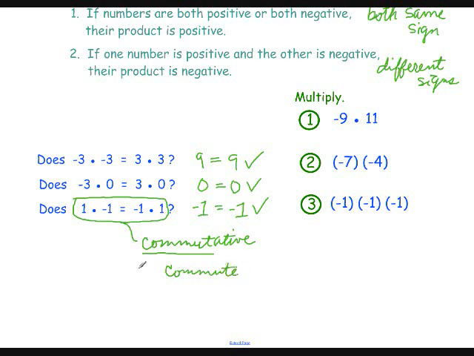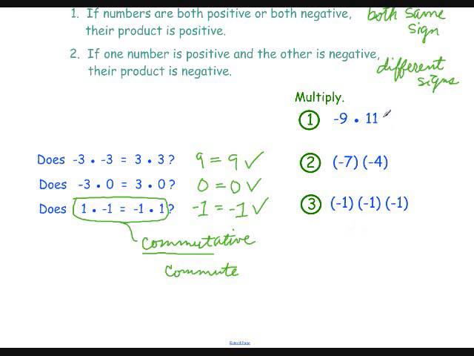Well, anyway, commute. If we commute from position 1 to position 2, and this one from position 2 to position 1, with multiplication, nothing changes. The result of that multiplication doesn't change. Not everything is commutative, and we'll talk about that later. But addition is, and multiplication is.